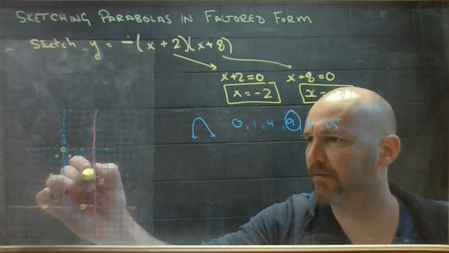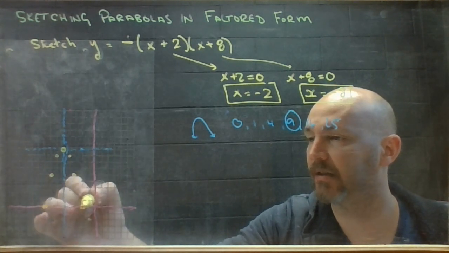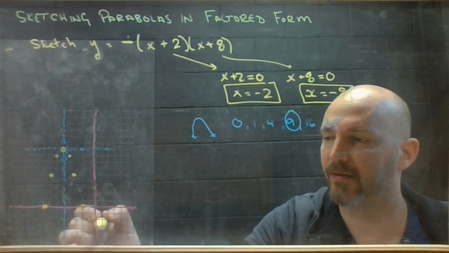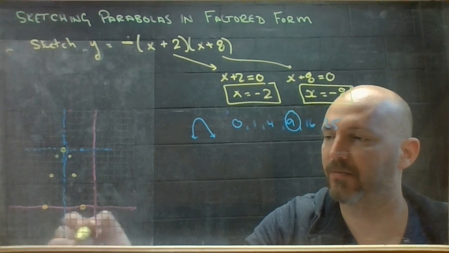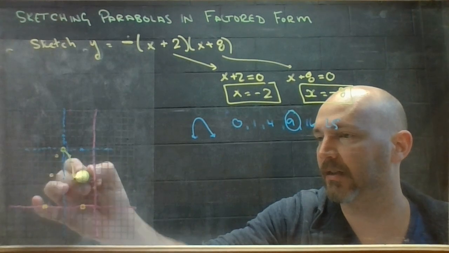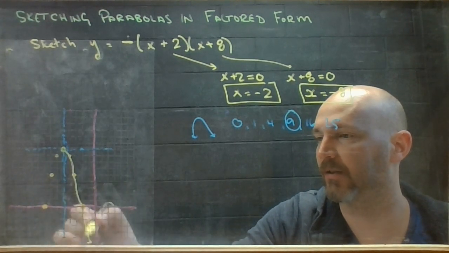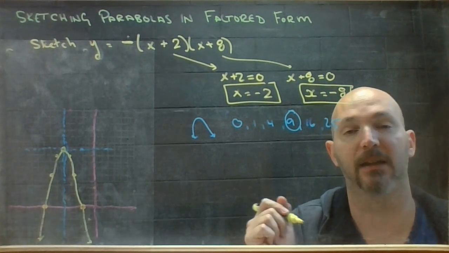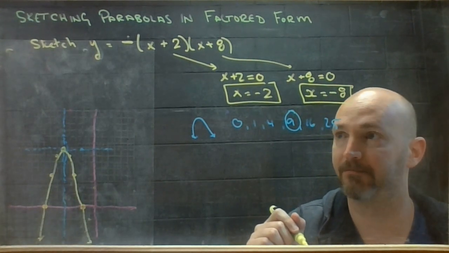Good. Is where it needs to be. 10, 11, 12, 13, 14, 15, 16 would be sort of off the grid. So I can connect my dots like so. And I get a lovely upside down parabola.